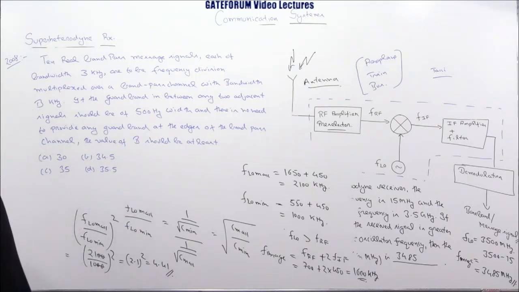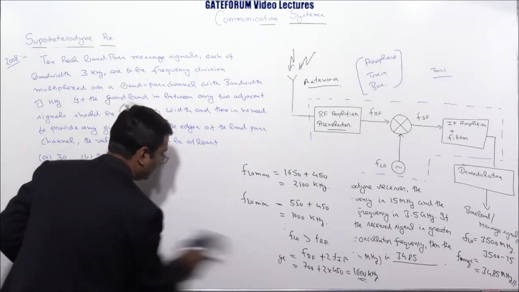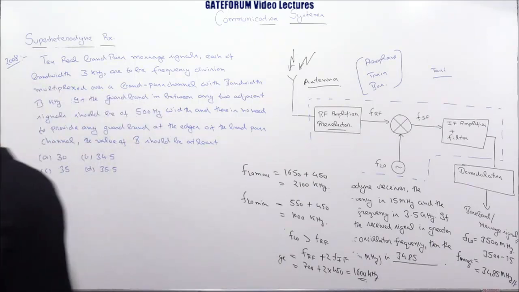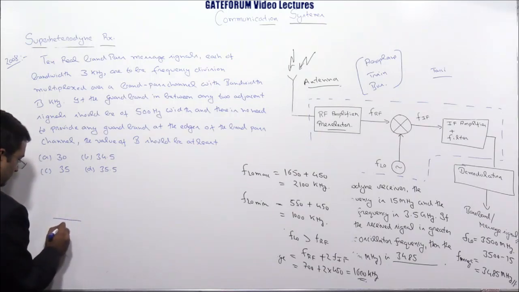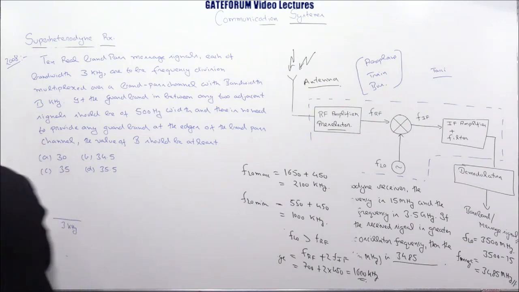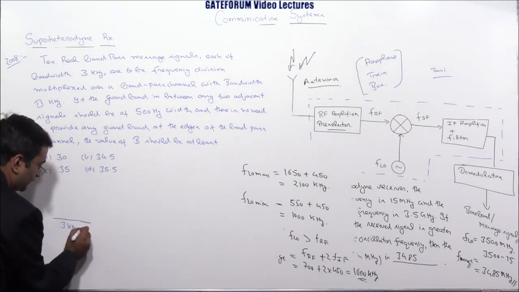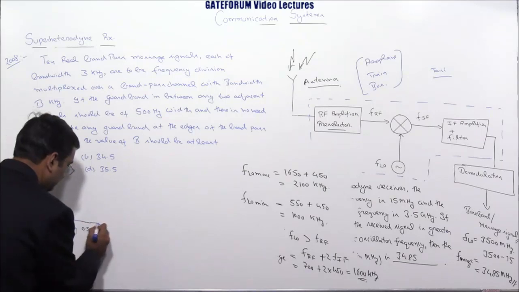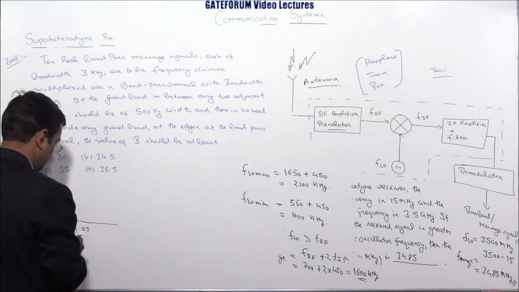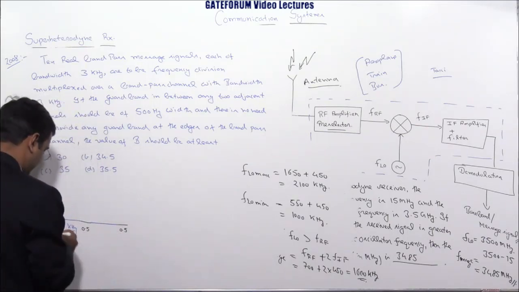So each is having a bandwidth of 3 kilohertz, and in between there are guard bands of 0.5 kilohertz, 500 hertz. So let's see how it is happening, and then we can find out the overall bandwidth. So there is 3 kilohertz and then guard band of 0.5 kilohertz, then 3 kilohertz, then guard band of 0.5 kilohertz.